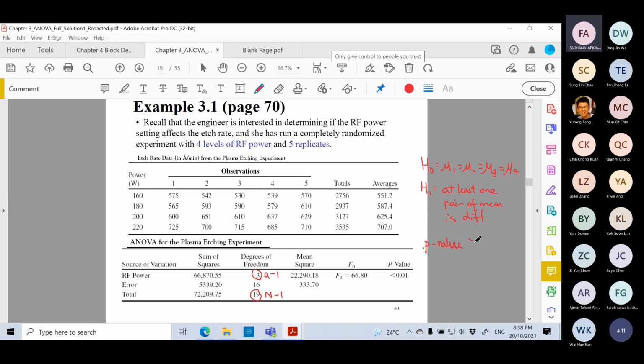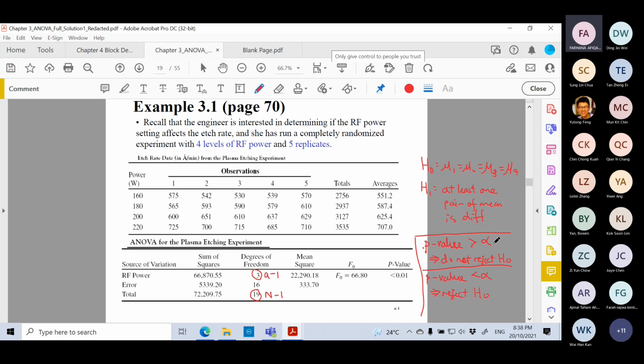If the p-value is greater than alpha, then you do not reject H0. Another thing is if the p-value is less than alpha, then you reject H0.